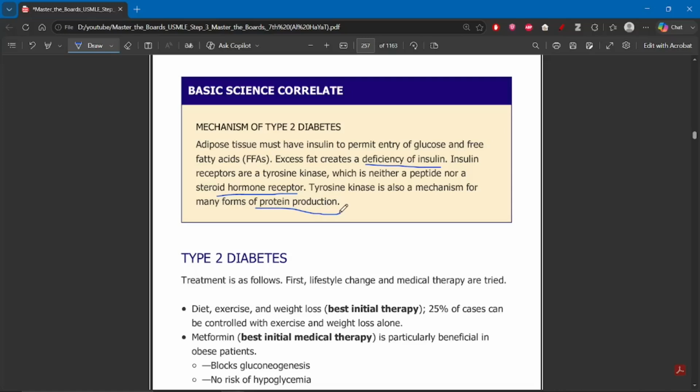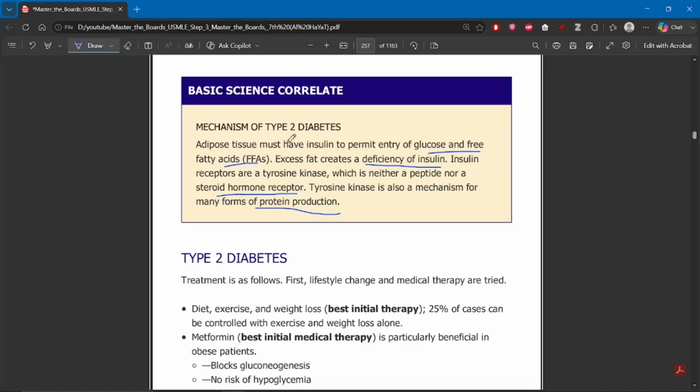That's basically what they're saying, is that when you have excess fat in the body, it causes a deficiency of insulin. And if there's deficiency of insulin, more fat gets deposited in the periphery and leads to various other kinds of problems. Because insulin is important for the entry of glucose and fats, right?